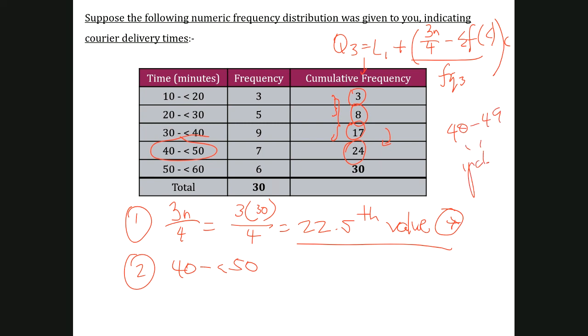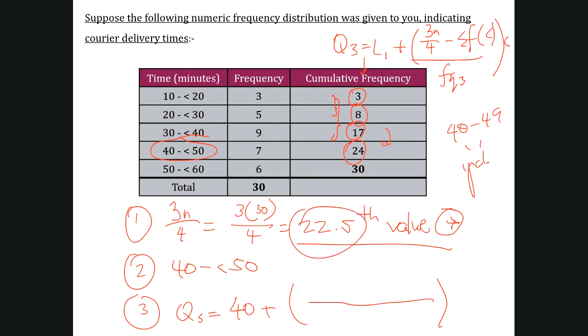So then in your formula, you have your lower limit, which is the 40, plus, then within brackets, you have at the top 3n over 4, which is the 22.5. So you can again also just write 22.5 minus the sum of the frequencies in the groups before the group you selected. So basically the 3, the 5, and the 9, added up gives you 17.